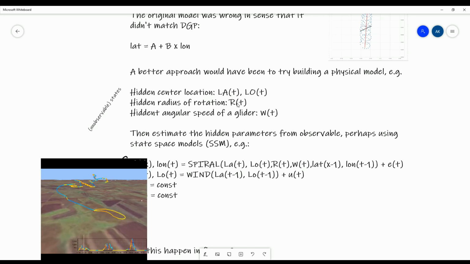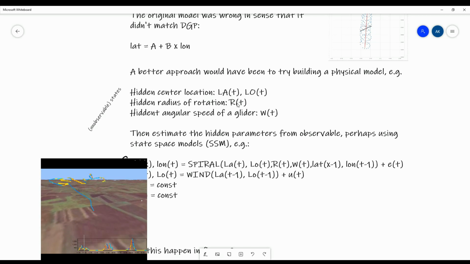And then there would be some radius, so maybe that curvature of the circular movement is also changing with time. And then finally there would be some angular speed with which the bird or paraglider is rotating around that center.